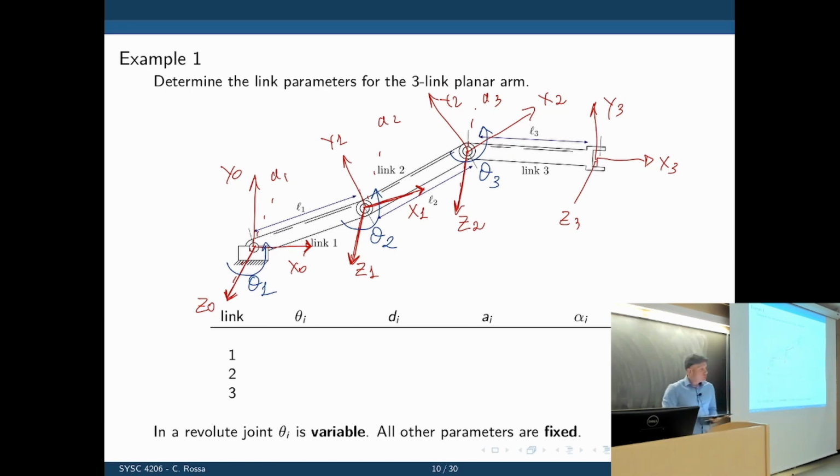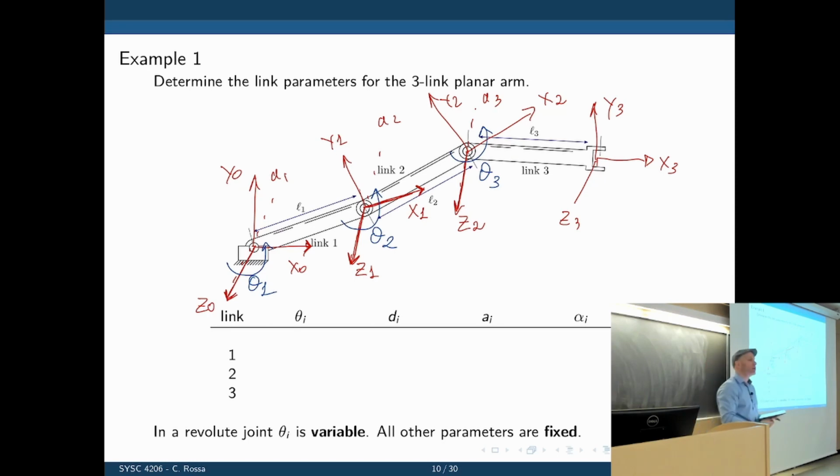Now we are ready to do the table there. Let's start at link 1. Let's do theta 1. Theta 1 is telling us how frame 1 is rotated with respect to frame 0. More specifically, how axis x1 is rotated with respect to x0 about z0.